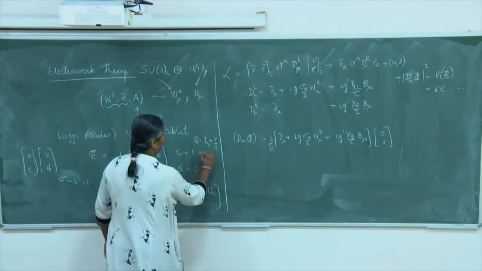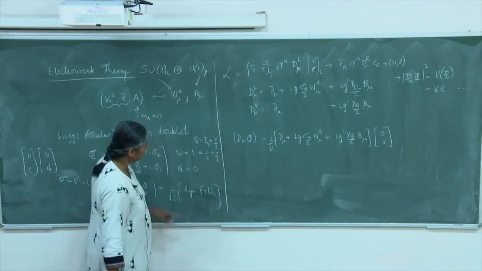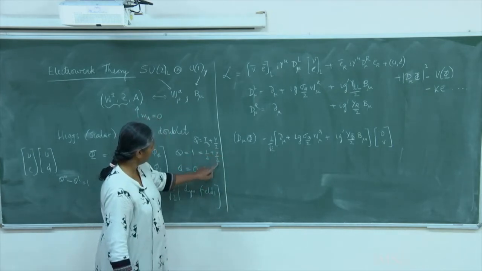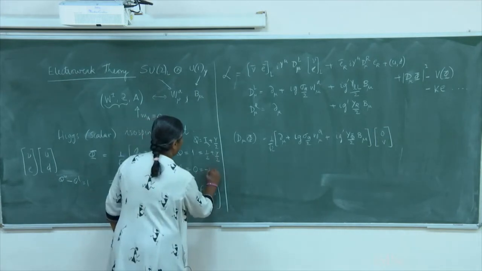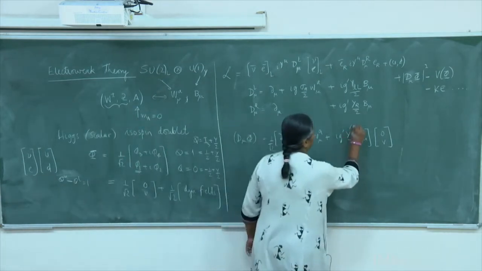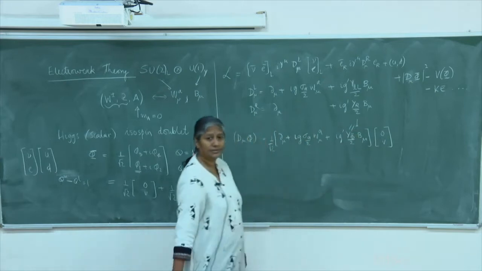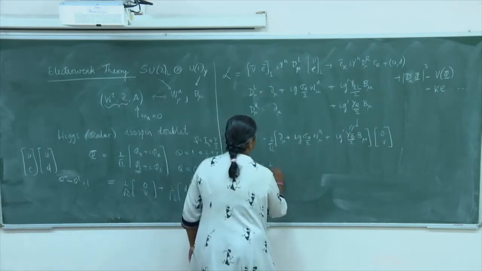So 1 is equal to half plus Y by 2. Right? So 1 minus half is Y by 2, Y is equal to 1. Similarly, 0 is equal to minus half plus Y by 2, again Y is equal to 1. So Y phi is equal to 1. Is this clear?